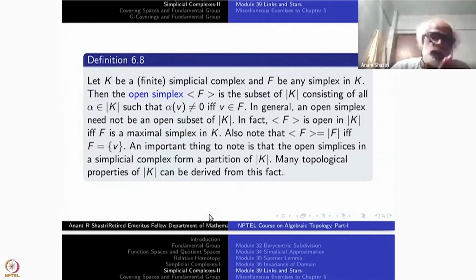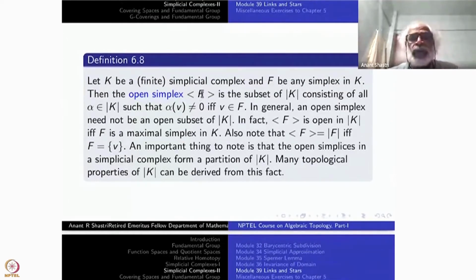But to get your ideas clear, you just work on some finite simplicial complex, what is happening, okay? So take a finite simplicial complex, F be any simplex in K.